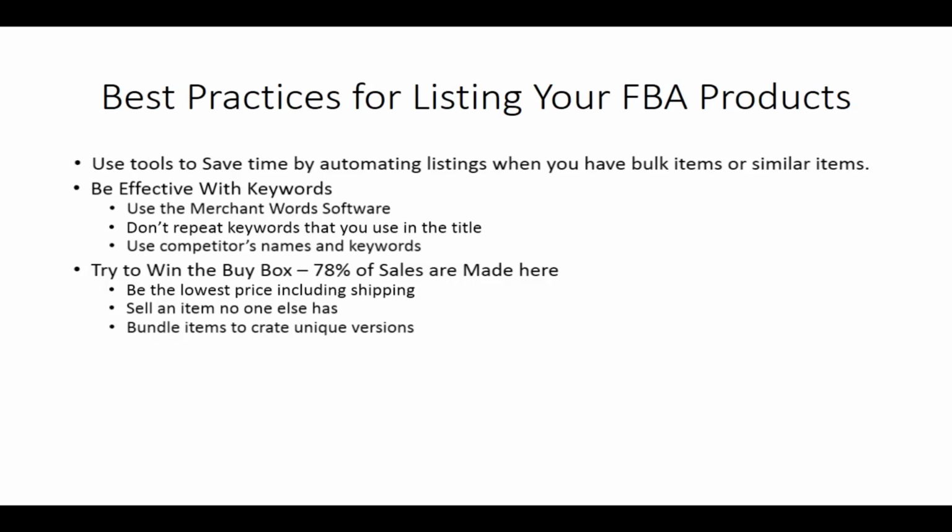One of the tricks and tips that Amazon sellers are using very effectively today is to bundle items to create unique versions of the search. So if someone is looking for a particular item, you can bundle together two at a time in order to sell multi-packs, or sometimes you can combine items.